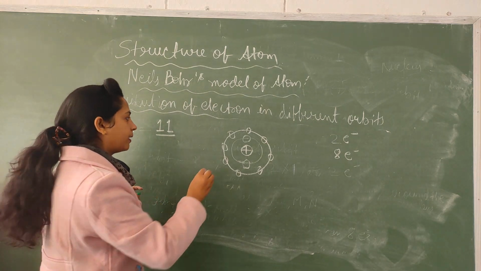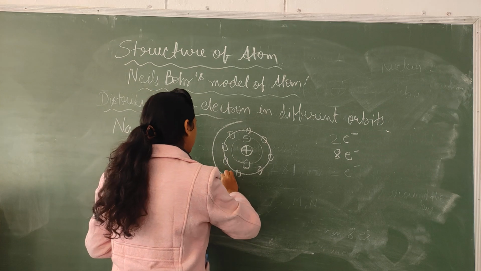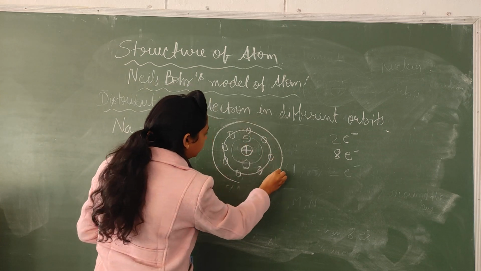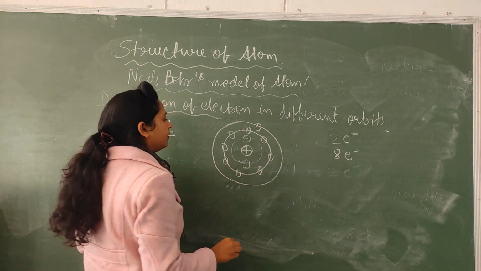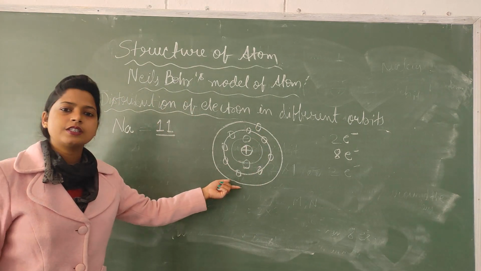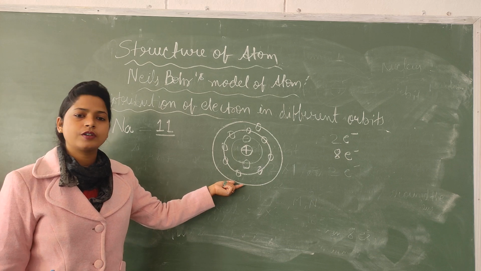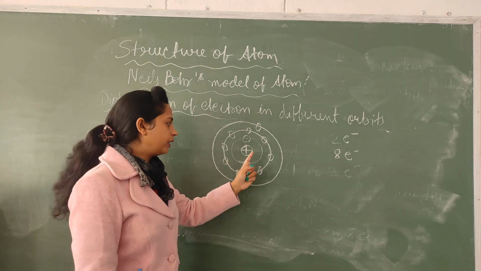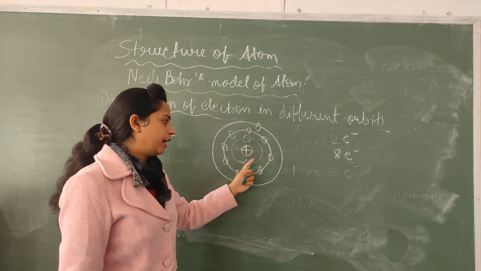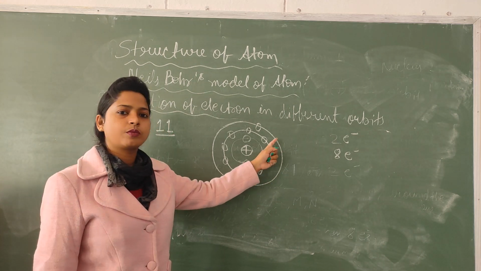For that, we are going to make the third orbit. Put the single electron anywhere. So this is the atomic structure of sodium. It has 3 orbits, K, L and M, and the electron distribution is 2, 8, 1.